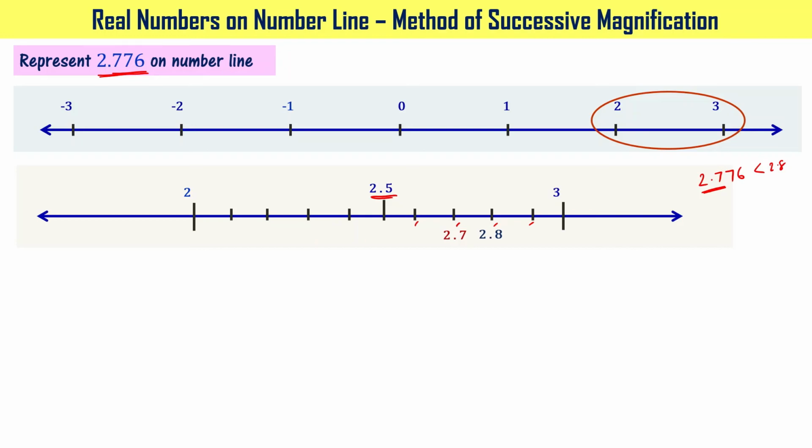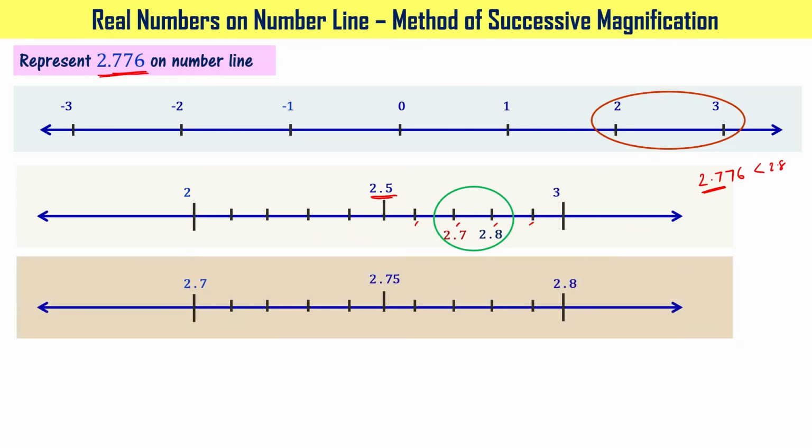So this particular part has to be now zoomed further, meaning we have to magnify this particular portion of the number line further such that it can be represented as shown here. You have 2.7 starting point and 2.8 ending point, and you have numbers like 2.71, 2.72, 2.73, 2.74, 2.75, 2.76, 2.77, 2.78, 2.79, and then 2.8, right?